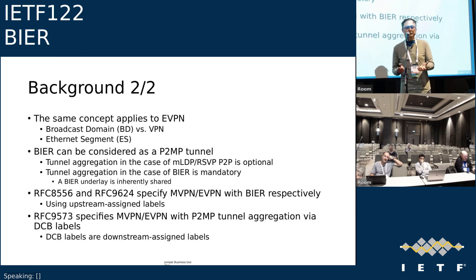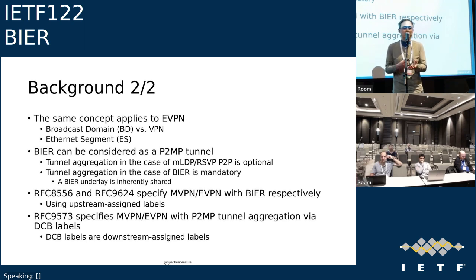The same concept applies to EVPN as well. It's just that the upstream assigned label can be used to identify a broadcast domain, versus a VPN in the IP VPN case, or you could also identify an Ethernet segment. Now, BIER can be considered as a P2MP tunnel.